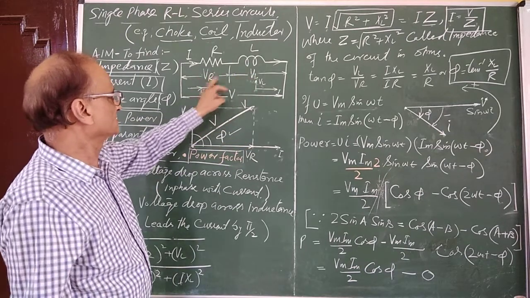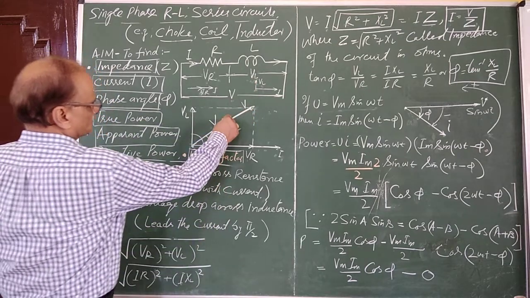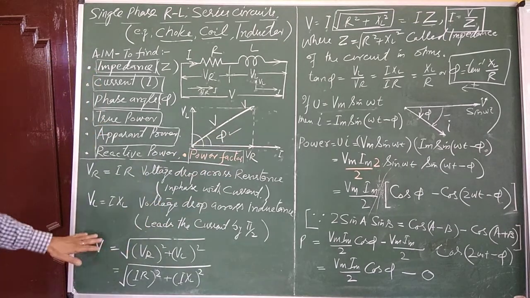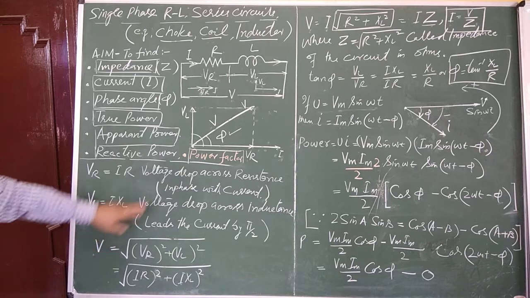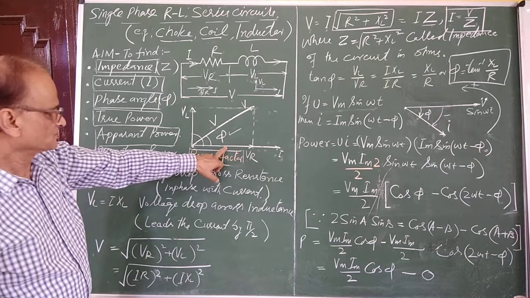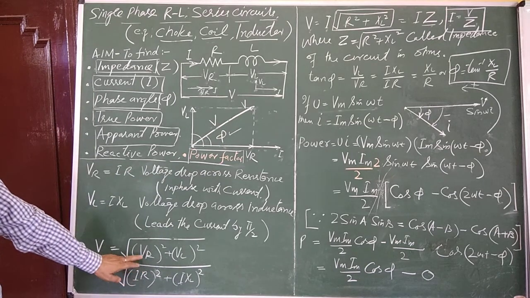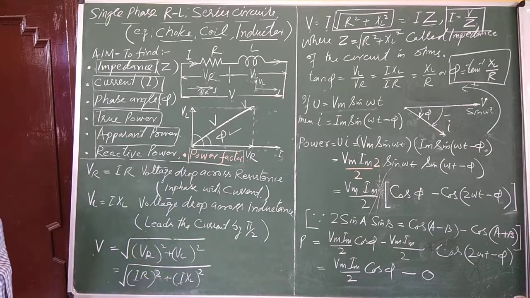The phasor sum of VR and VL is V. So this is the total voltage. We can calculate the voltage from this relation. V is equal to the square root of VR square plus VL square. Substitute the value of VR: VR is IR, VL is IXL.